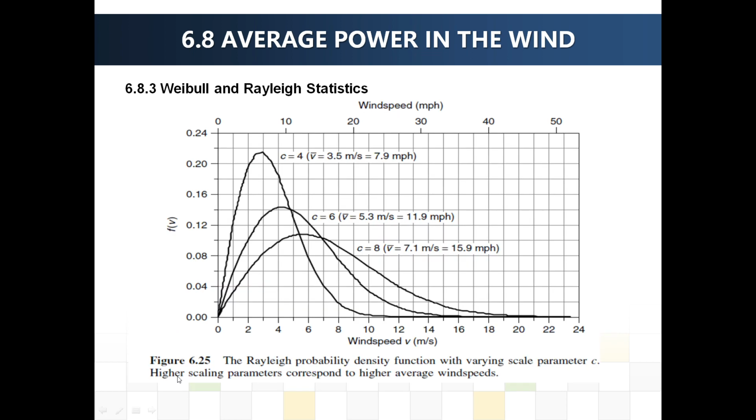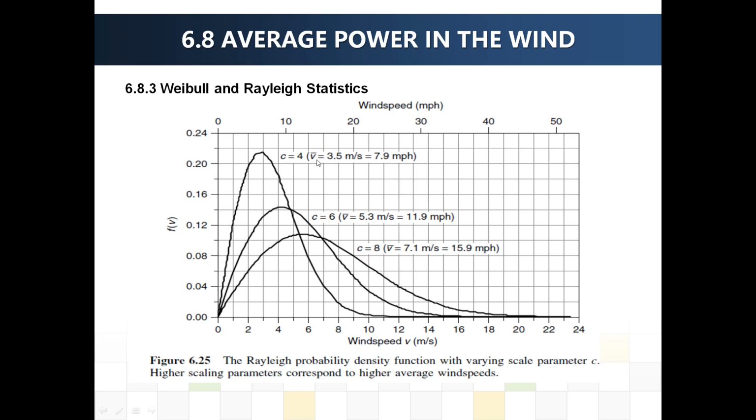This is figure 6.25, the Rayleigh probability density function with a varying scale factor c. As we can see, it is c equal to 4, 6, and 8. As c increases, a higher scale parameter corresponds to a higher average wind speed.